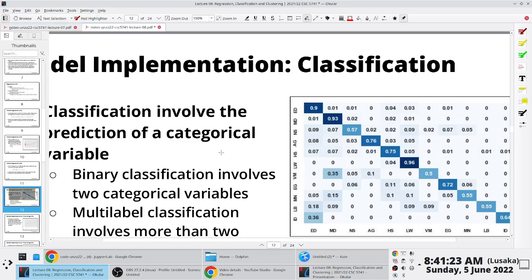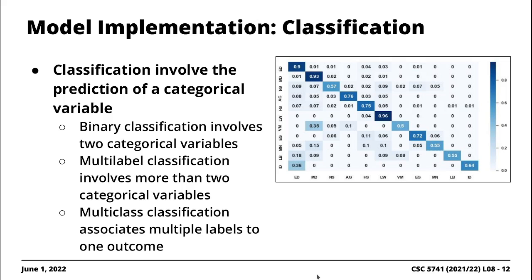In situations where you are predicting two values, you'd be dealing with binary classification. It's yes, no, or 1 or 0. So binary classification just entails that the dependent variable can hold either of two values.